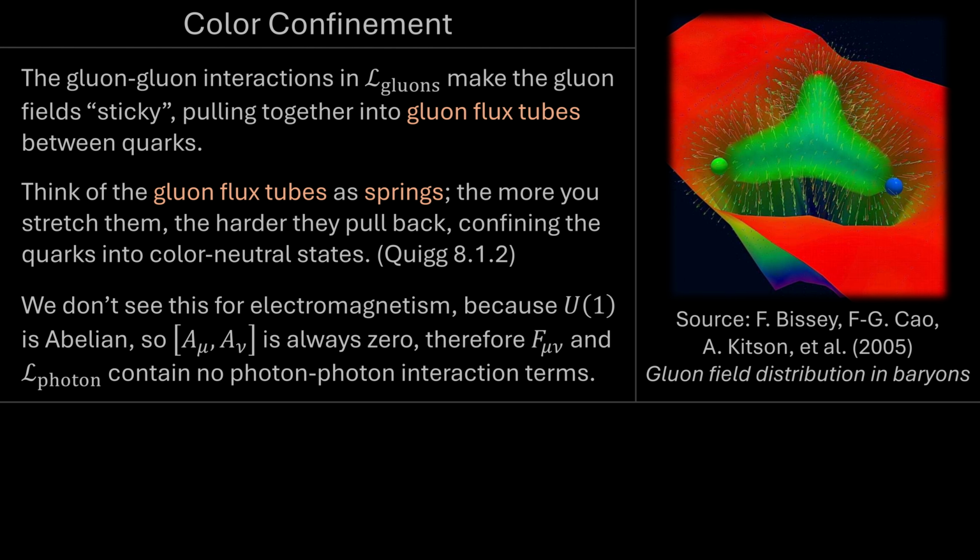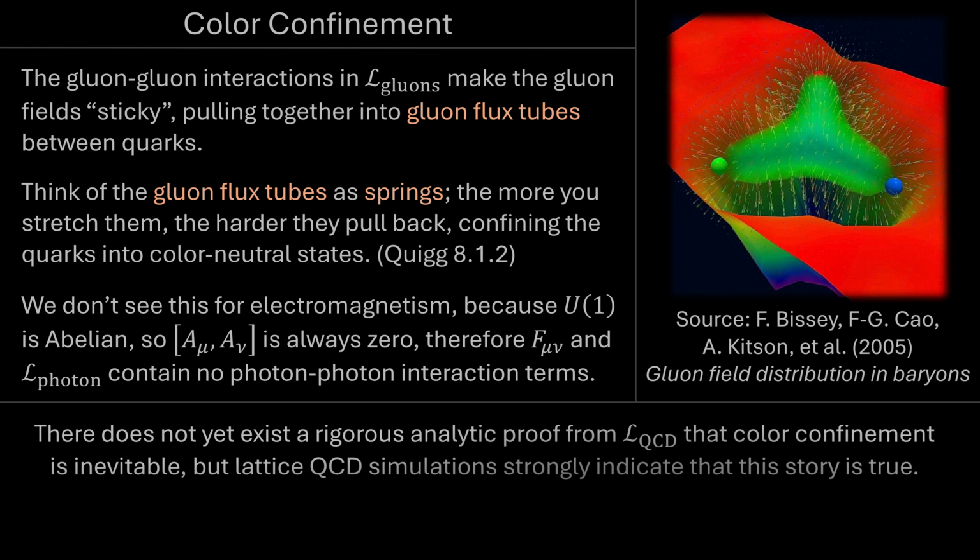And one of the interesting things about QCD is that technically there doesn't yet exist a rigorous proof starting with the Lagrangian of quantum chromodynamics, which proves that for sure color confinement is inevitable under all circumstances. However, lattice QCD computer simulations strongly suggest that this is the case.